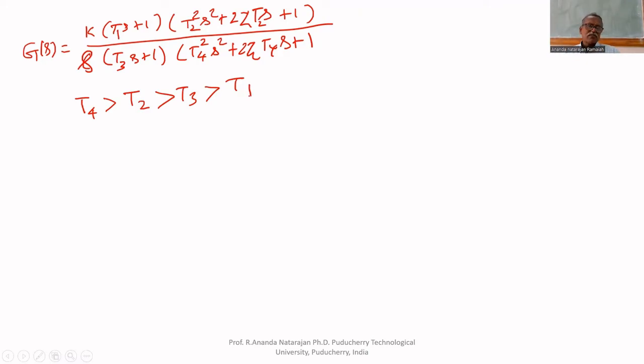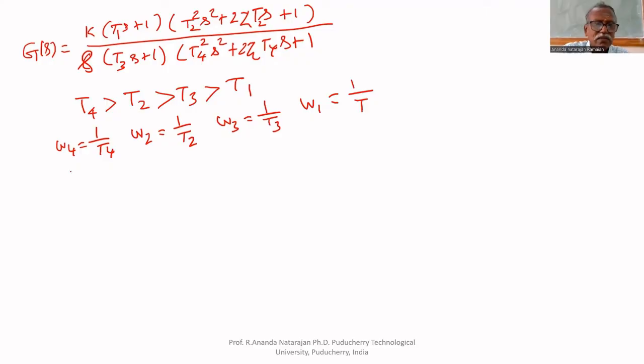Which is the smallest value? T1. T1 is the smallest value. Therefore, largest corner frequency is 1 by T1. Omega 4 equal to 1 by T4. Omega 2 equal to 1 by T2. Omega 3 equal to 1 by T3. Omega 1 equal to 1 by T1. If you write in terms of omega, omega 4 is the smallest.